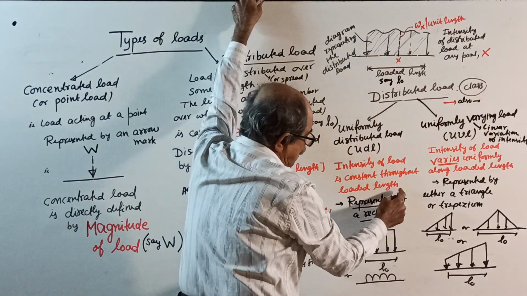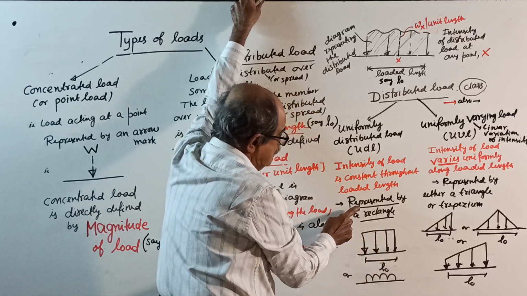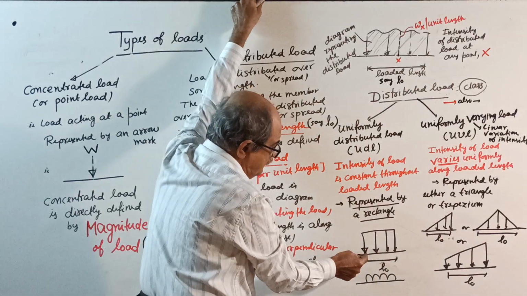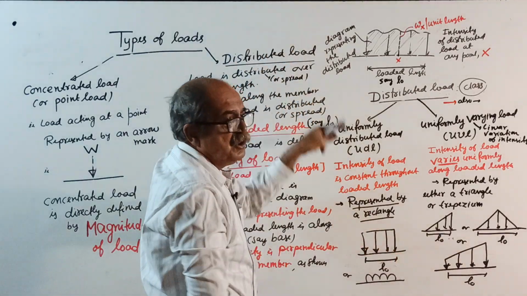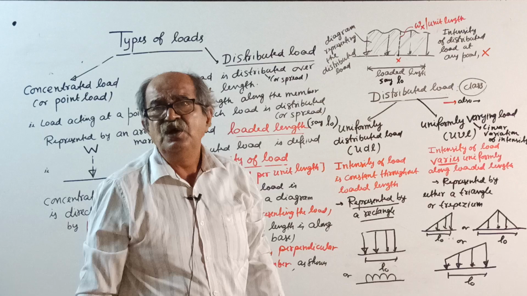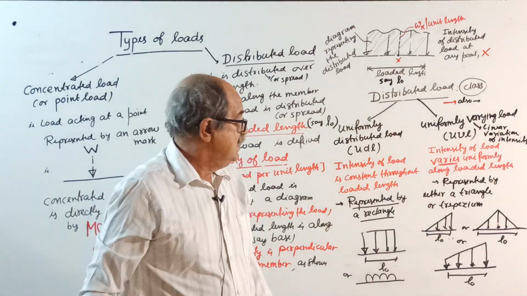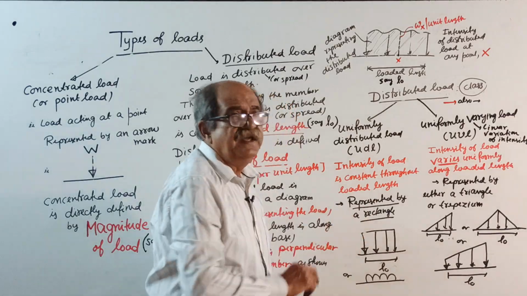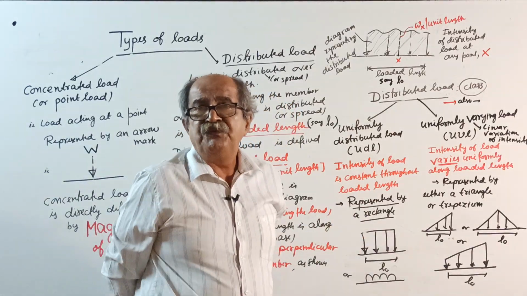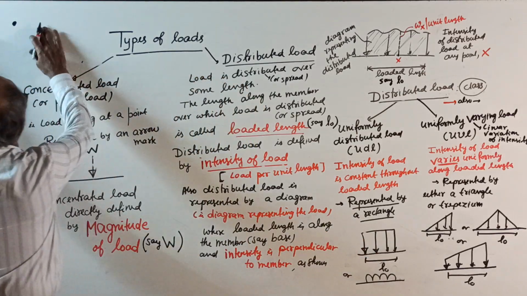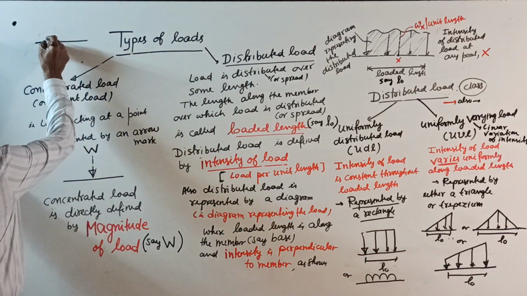If intensity is constant everywhere, UDL is represented by a rectangle. This is the representation for UDL. Close arrow marks show intensity. Remember, the perfect way of representing UDL is like this. If it is a UDL, the correct way is to represent it like this always.